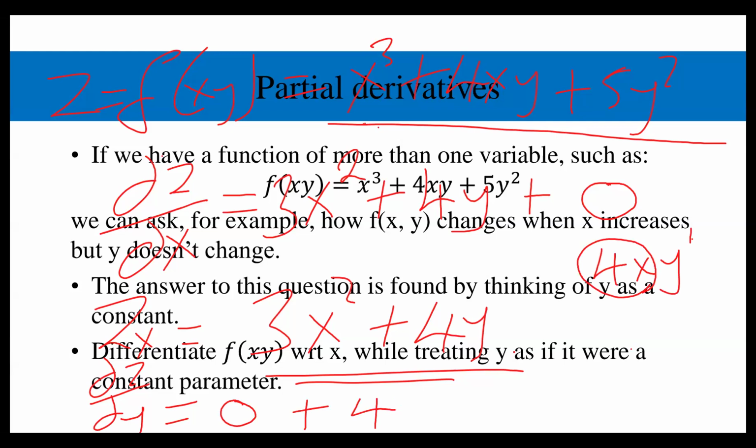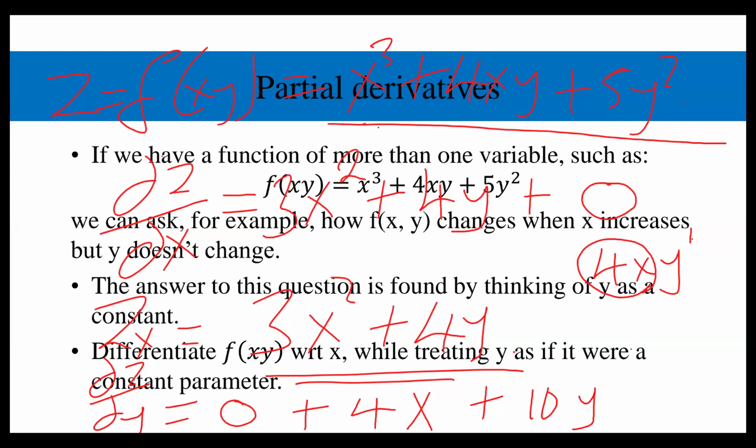So you have 4x, right? Plus 5y squared, it shall become, drop the power, 2 times 5, that gives you 10y like that. So this shall be your dz/dy, meaning the partial derivative of this particular function with respect to what? y.